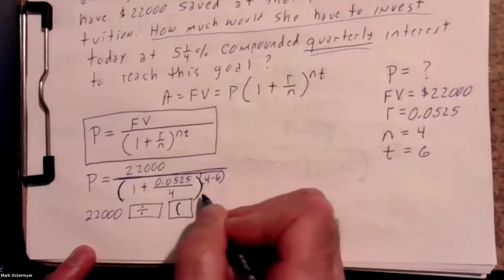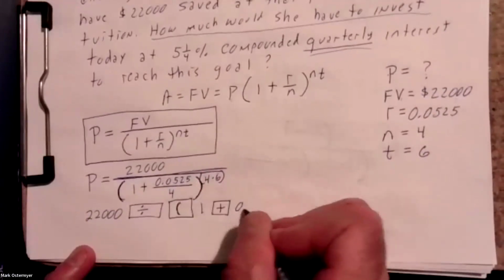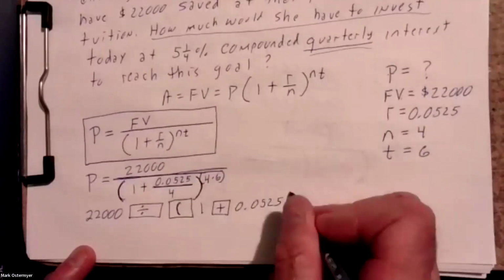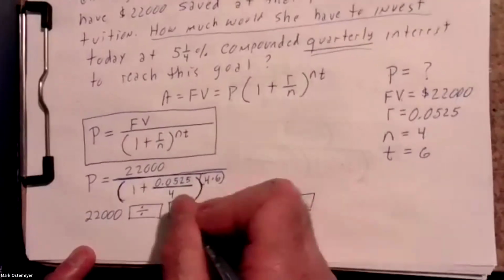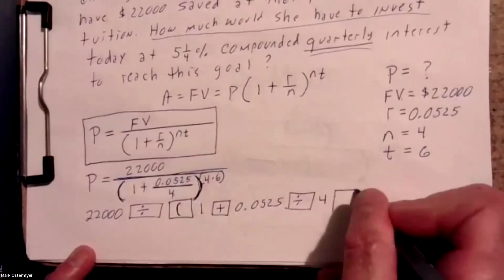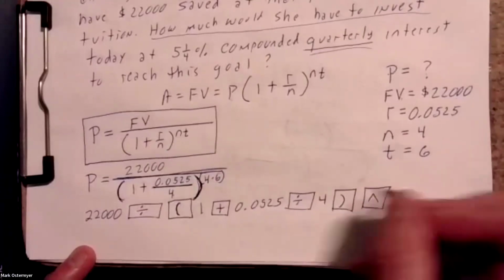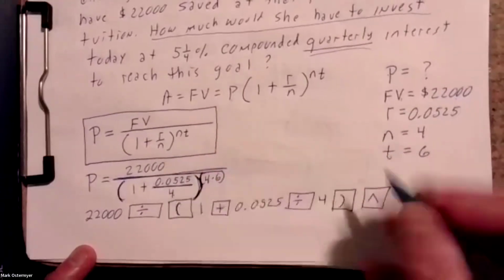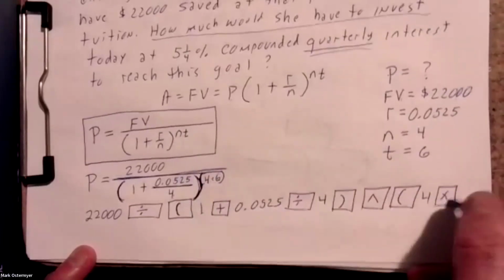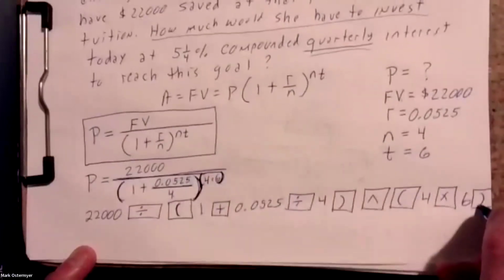Parentheses force precedence, so they're very important. 1 plus 0.0525, this fraction bar means divided by 4, closed parenthesis, raised to the power button, open parenthesis here, 4 times 6, closed parenthesis, closed parenthesis.